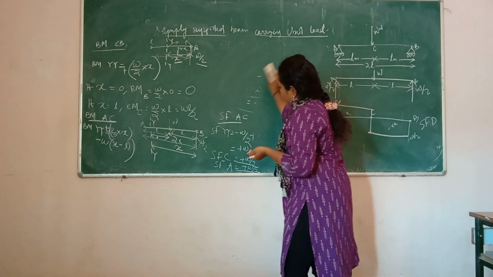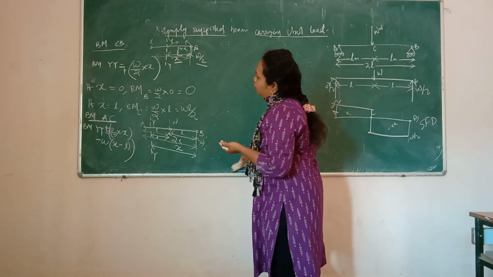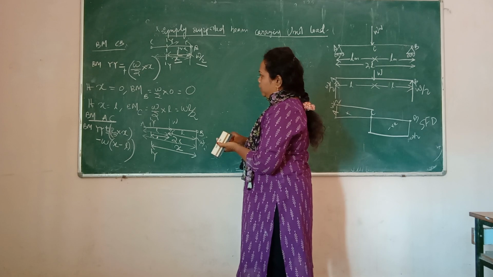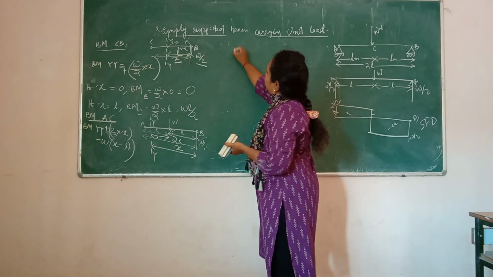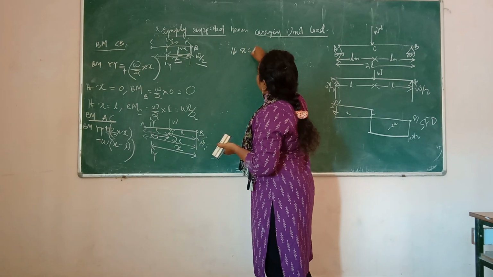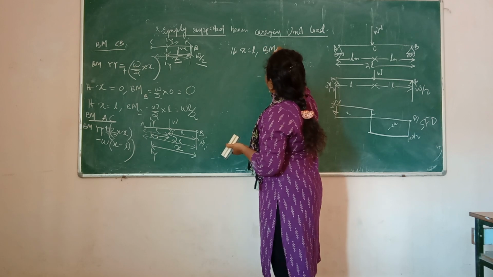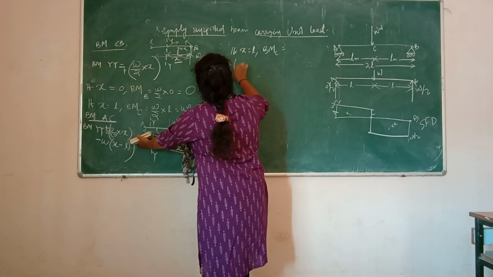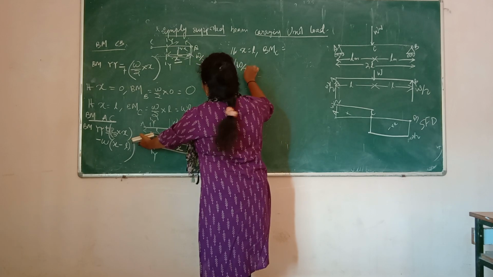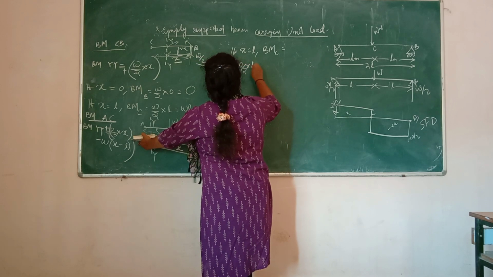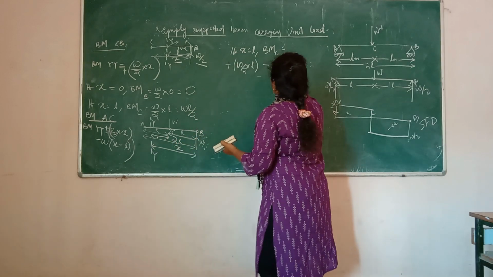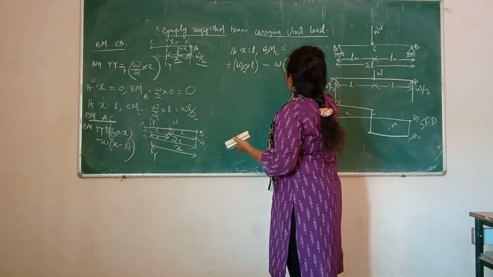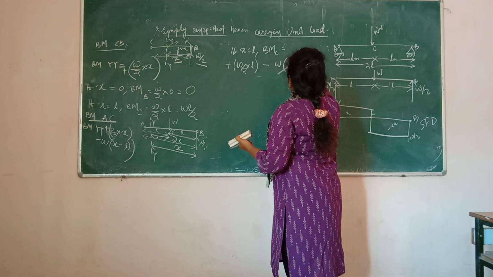So first of all, we have to calculate the bending moment at point C. If x is equal to L, then bending moment at point C is equal to, put the value here, plus RB is equal to W/2 into L minus W into L minus L. So this one is 0.